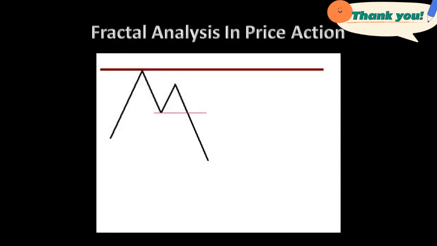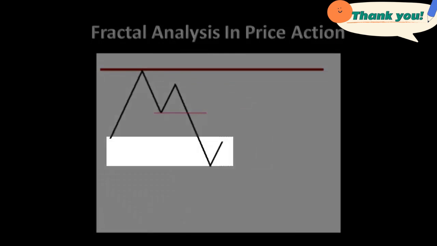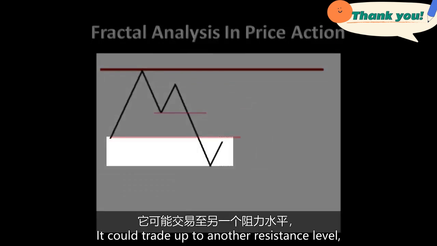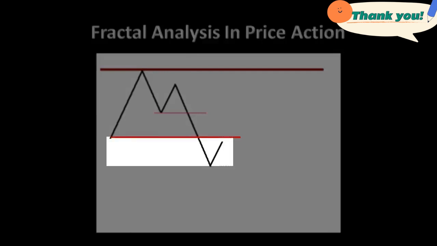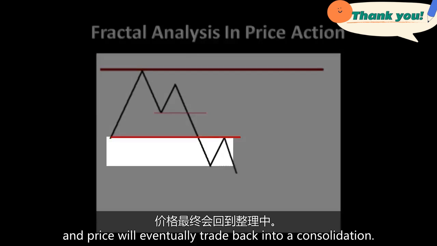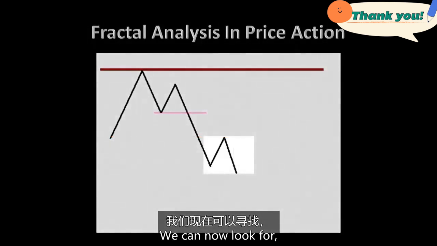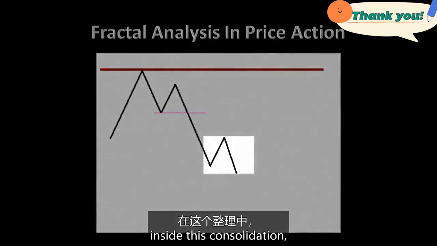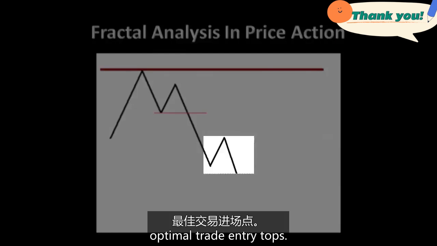Another consolidation. So what's going to take place in the consolidation? It's going to be a bounce. It could trade up to another resistance level, which would be an old support. And price will eventually trade back into a consolidation, and we can now look for, inside this consolidation, smaller short-term optimal trade entry tops.